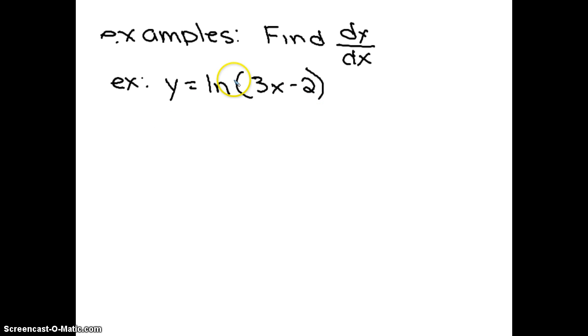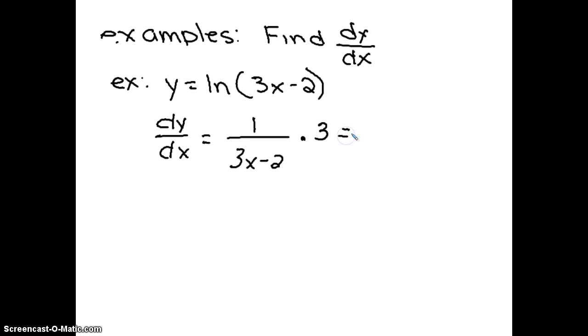Alright, so when I'm looking at this, it's just the ln of a quantity. I'm just going to apply the new rule. So the derivative is 1 over this whole thing. This is u right here. So it's 3x minus 2. And then you multiply by the derivative of just u, which is right here, the derivative of 3x minus 2, which is 3.